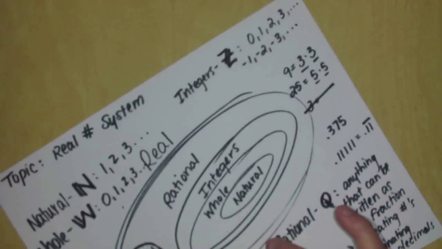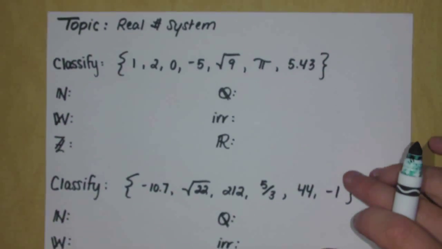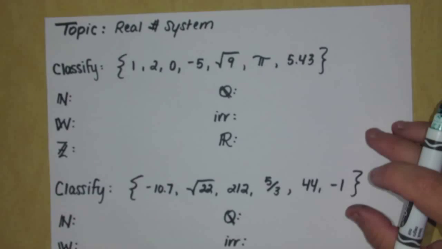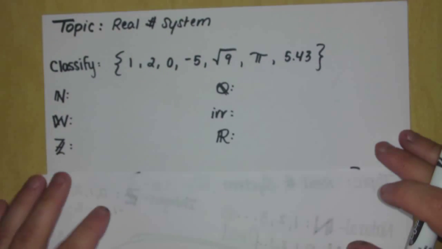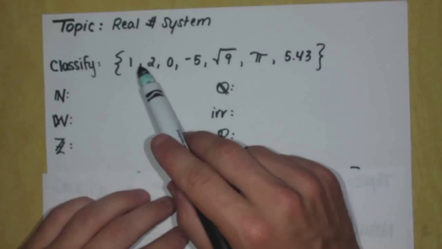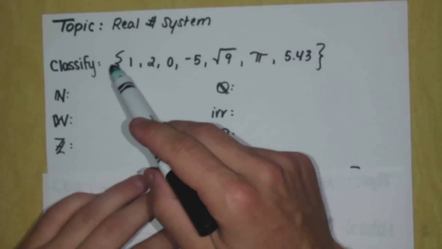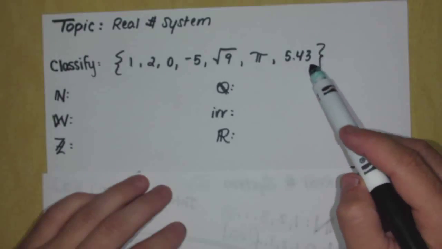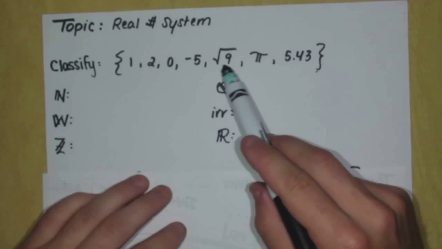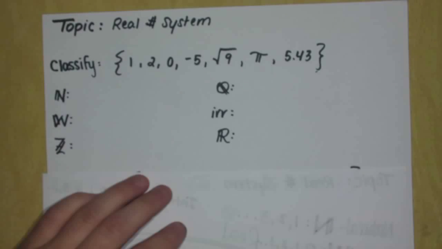Alright, with all of that information, let's see if we can do some classification. So, let's look at just the top half here, ignoring this bottom portion. If I want to classify this set of numbers, and you know it's a set of numbers because it's written in set notation, these fancy curly braces here, and I have 1, 2, 3, 4, 5, 6, 7 numbers here.